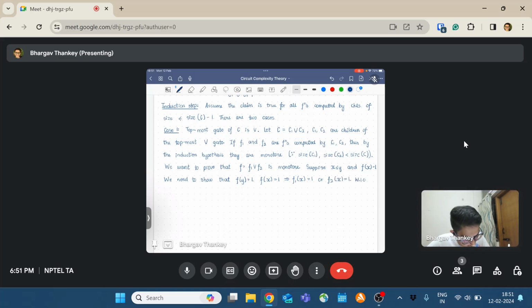Without loss of generality, let's say f1 of x is 1. So now what can we do? Since f1 of x is 1, f1 of y should also be 1, because f1 is monotone. And since f1 of y is 1, f of y is also 1, right.